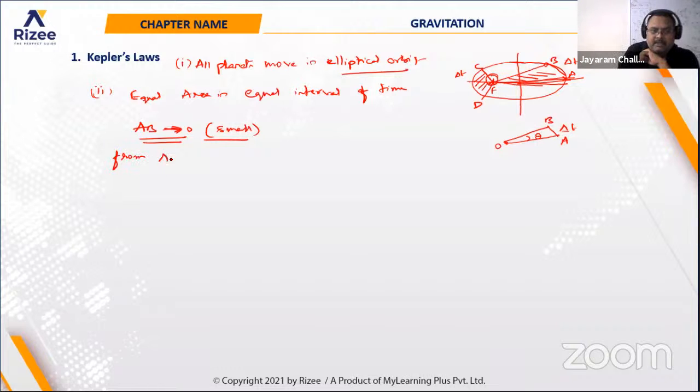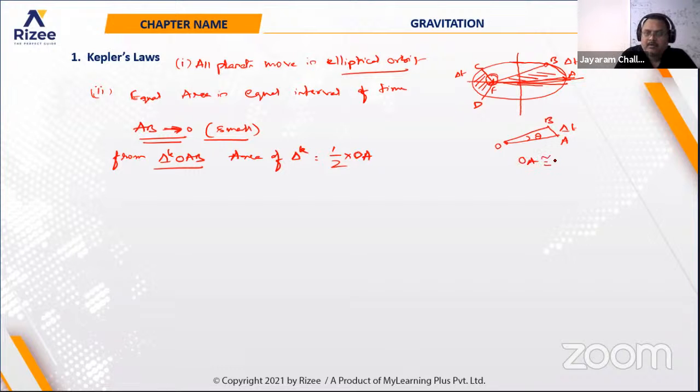From the triangle O, A, and B in this case, you can write the area of the triangle as half into base, taking OA as the base. Since AB is very small, OA and OB will be almost the same, equal to some radius R. So OA is the base, and the height is AB, which is nothing but the length of the arc.